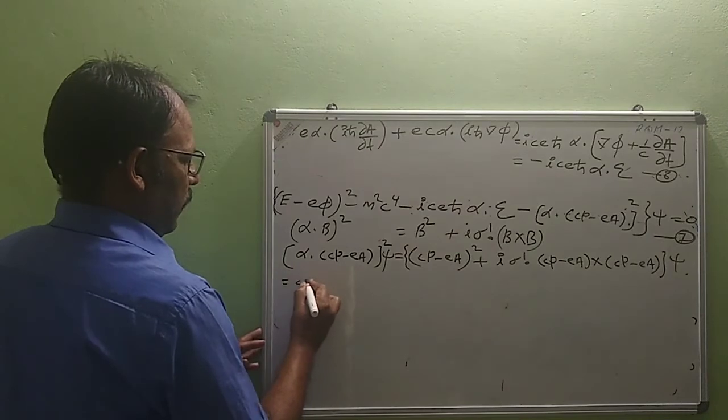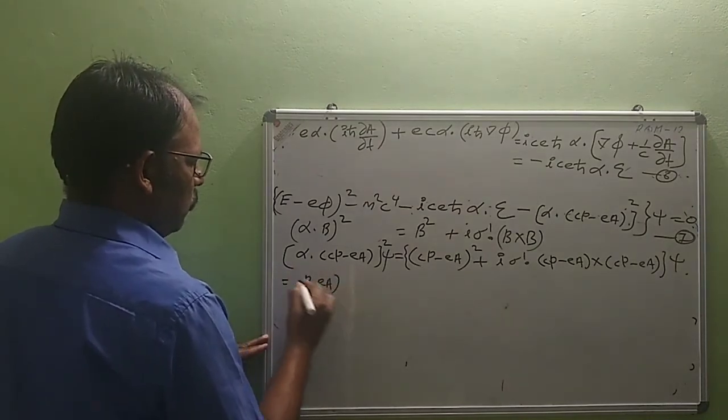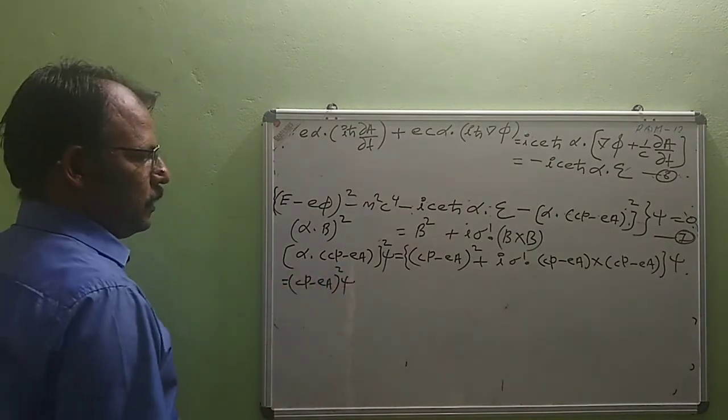So the first term is Cp minus Ea the whole square operating on wave function psi.